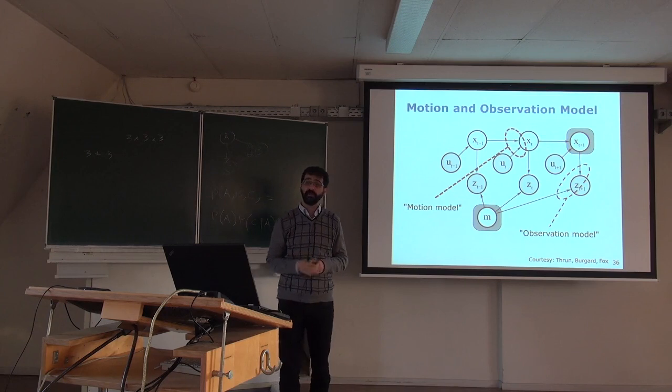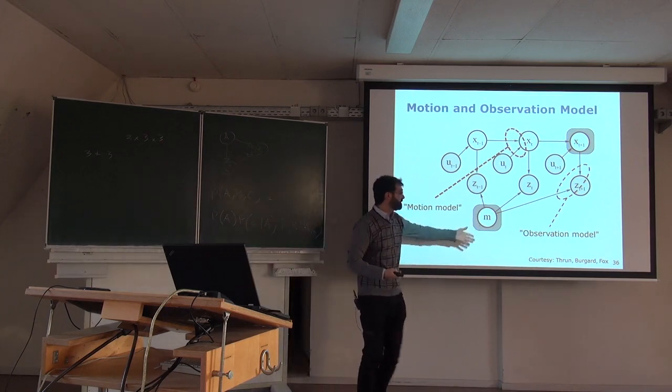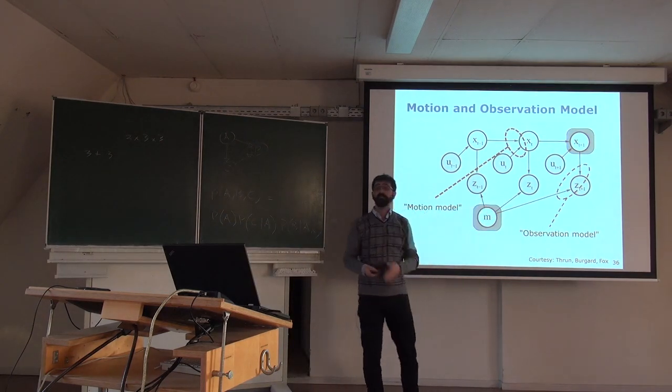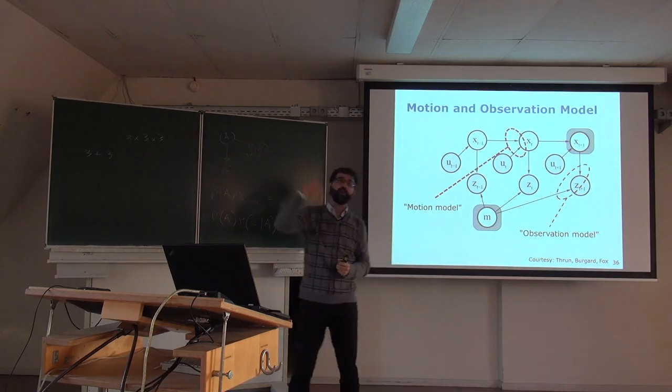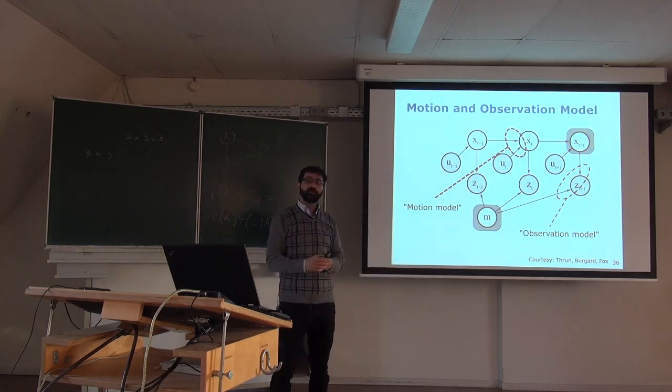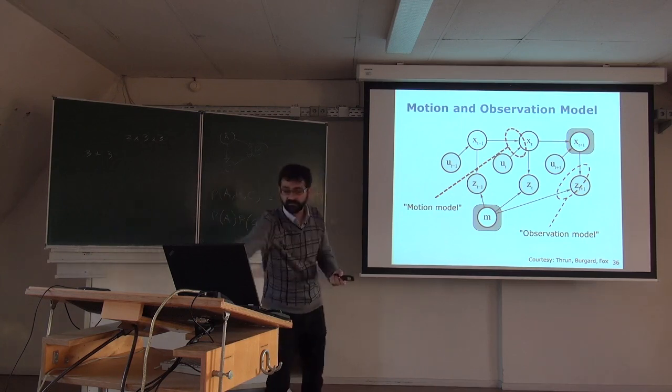Okay? So in principle, we don't have it, we want to estimate it, but this is somehow a generative way of looking at things. No? You say, I have to model something that connects my pose and my map with what I observe. And doing it the other way around is very complicated, because you can observe, let's say, this distance everywhere in the world.